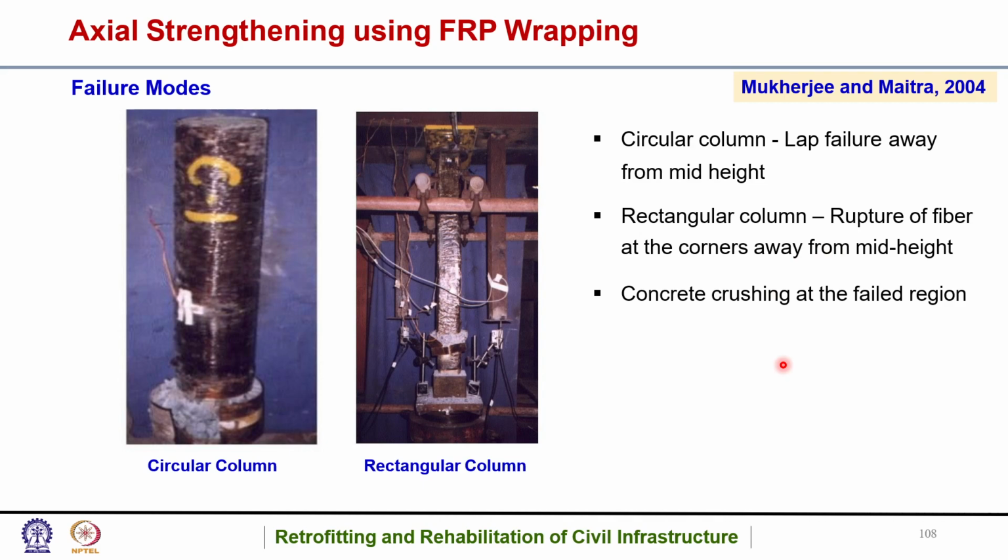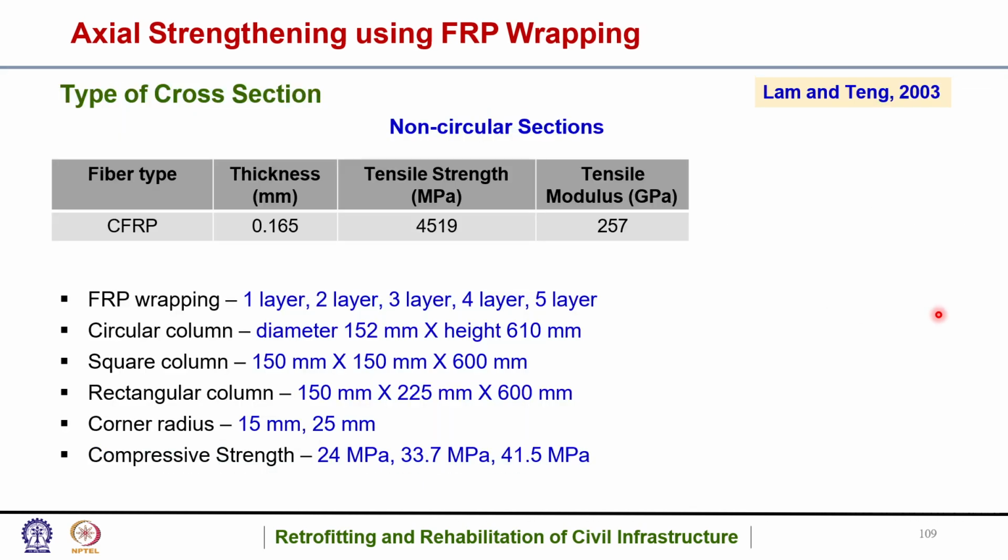There it was found that in the circular column it was near the mid height, whereas in the square column it was away from the mid height, near the corners. But here both the failures had occurred away from the mid height. For the circular column it was lap failure, and for the rectangular column it was rupture. Okay, and concrete crushing at the failed region had also occurred.